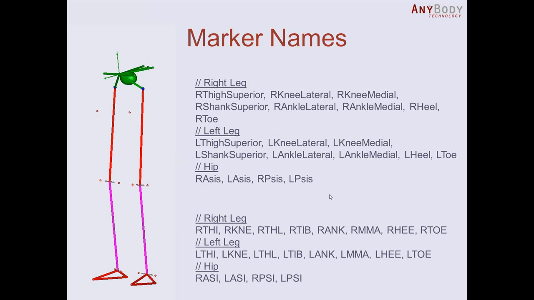However, there's a switch in the model if you want to use the typical Vicon names, or even a switch to use the SIMI protocol. And about the markers here, for a more precise analysis and for more precise results, we are using medial ankle and knee markers in addition to the Plug-in Gait protocol.